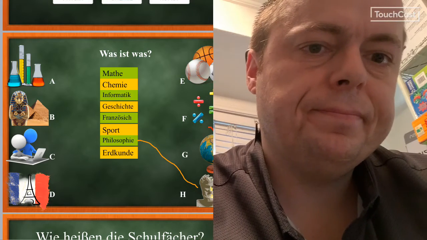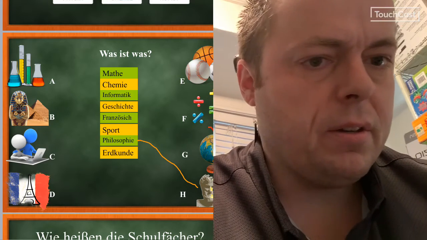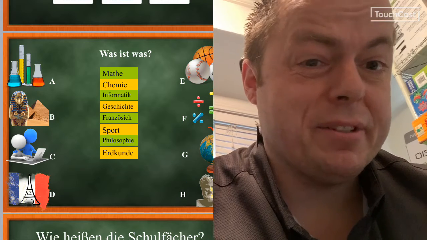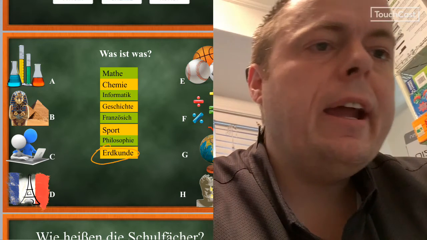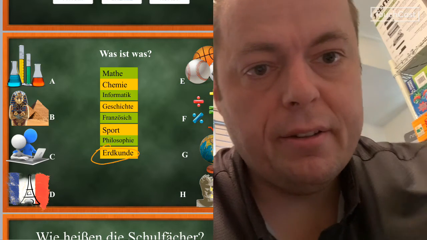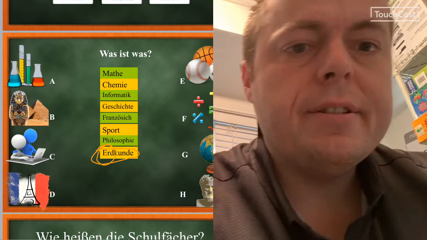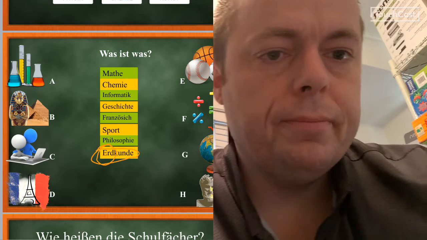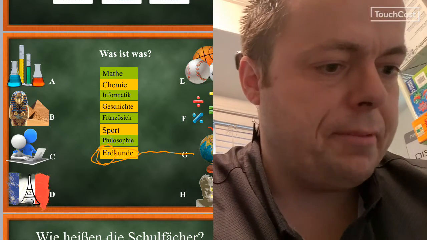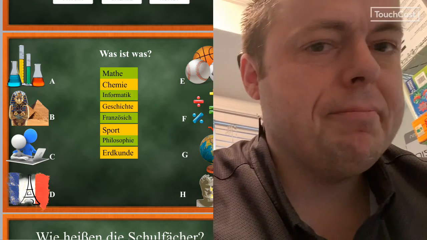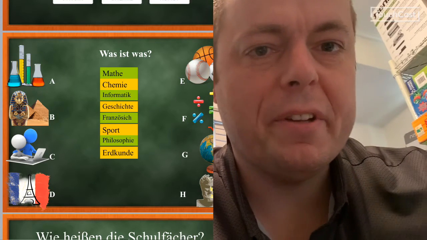Philosophie is here. All right. And it looks like philosophy, honestly. The last one we have is Erdkunde. So Erd, E-R-D, this first part of the word, is the earth. So when we're learning about the earth, it is geography. Okay? Perhaps one of the more interesting of the subjects.